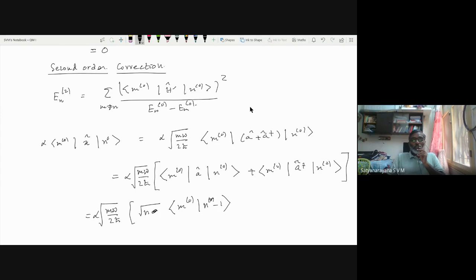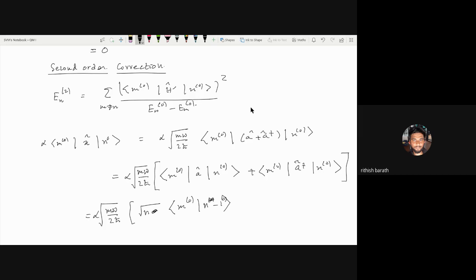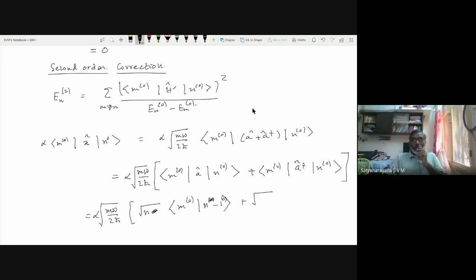I don't know what is the correct way to write n0 or n minus 1 0, and the coefficient square root would not need a zero suffix, since energy levels we are not. That's why I am not writing n minus 1 0. There is some problem with respect to this notation, but please understand that this 0 is only to tell you that this is an unperturbed problem. Other than that, there is no requirement of 0. Plus, now I can write root n plus 1 into m0 n plus 1 0.